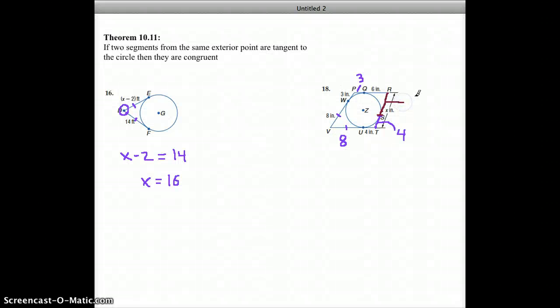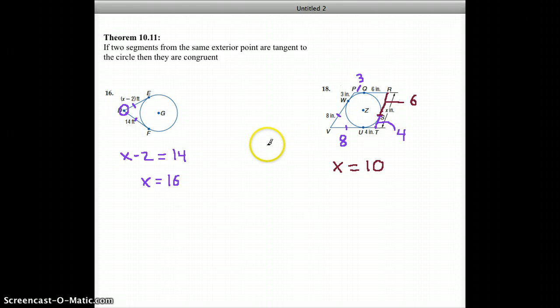So that should be 6. And now I'm trying to find x, so if RS is 6 and ST is 4, then x is 10. The 6 and the 4 together.